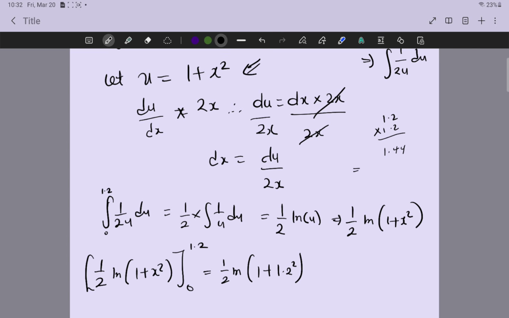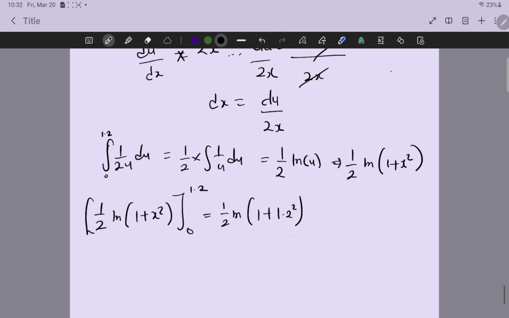Let me confirm that quickly. 1.2 times 1.2 is 1.44. Yes, we're correct. So 1.44 plus 1, that's 2.44. That was how I was able to get that particular part. When you compare it like that, you're going to get this.